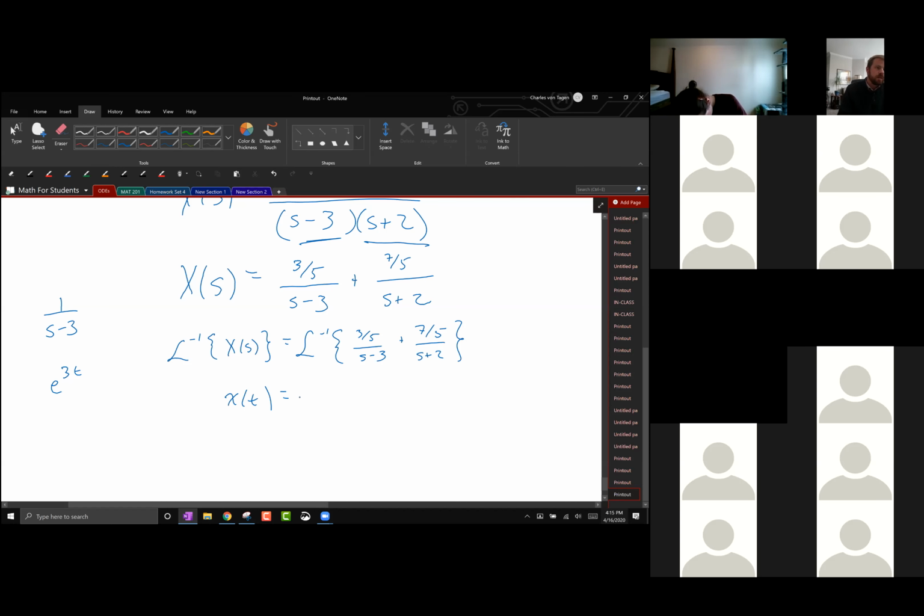That's not really that exciting. But on the right-hand side, I get 3/5 e to the 3t plus 7/5 e to the minus 2t. And there we have the particular solution to this IVP. Ta-da.